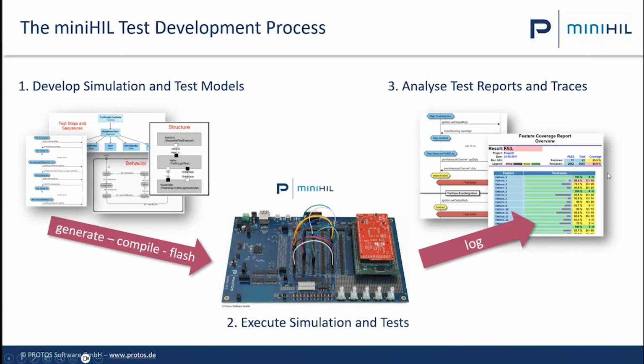And we can create diagrams on various levels of abstraction. So low-level diagrams, what happens on I/O level, or high-level diagrams, how many features did I test with how many test cases, for example. So what's my feature coverage? And then in the end, I learn and iterate. And this complete cycle is in the range of minutes. So it's really fast. You can run it on a desktop or on a continuous integration server.